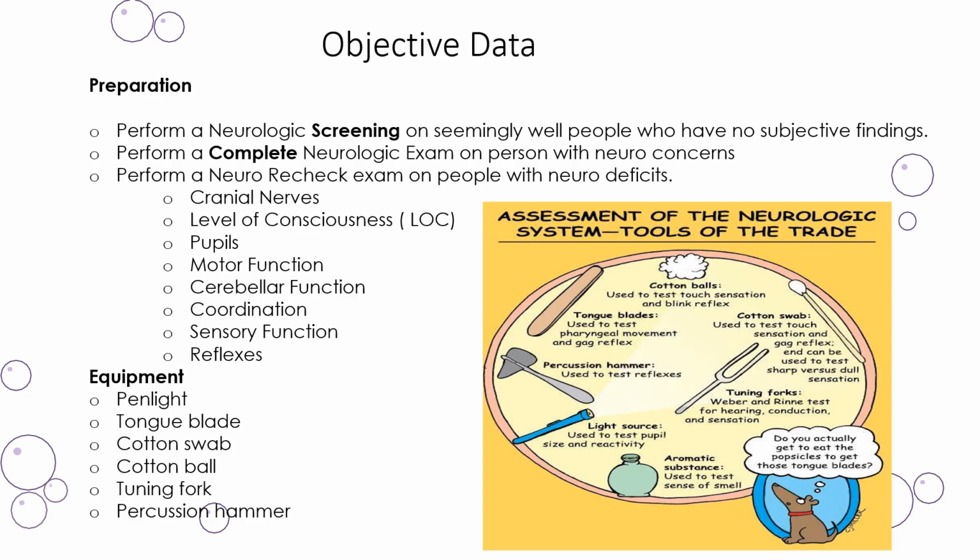So we'll go a little more in depth in class about the difference in a screening and a complete exam. And then you want to make sure you perform a neuro recheck on individuals that have neuro defects. So you're going to check those cranial nerves, the level of consciousness, pupils, the motor function, the cerebellar function, coordination, sensory function, and reflexes.